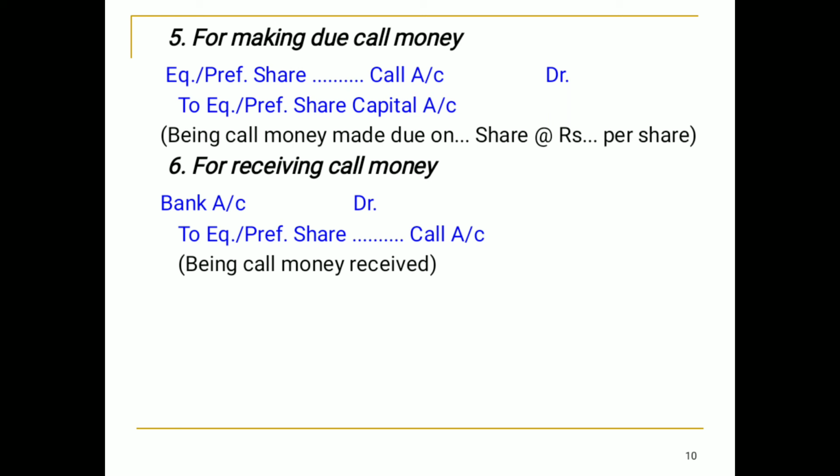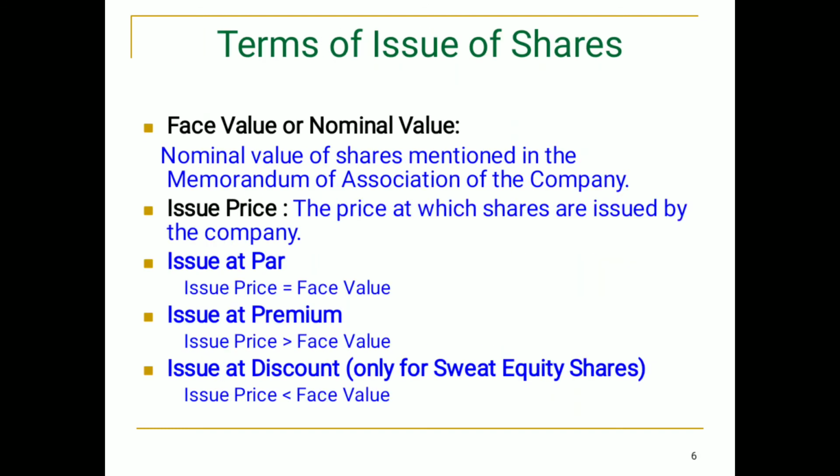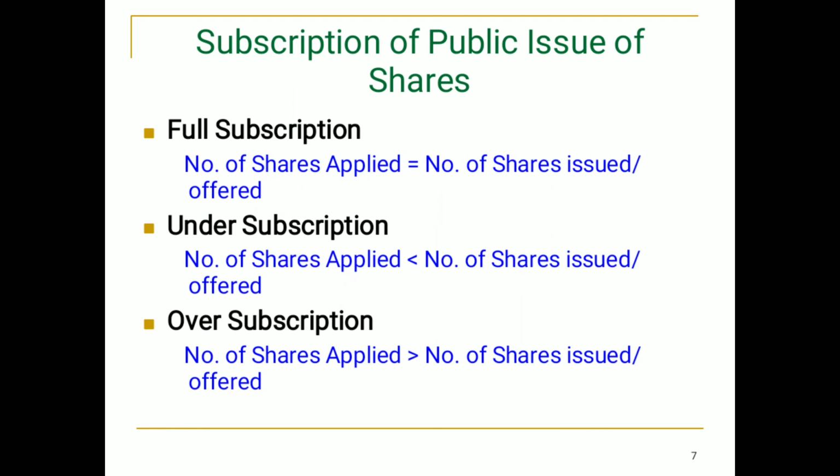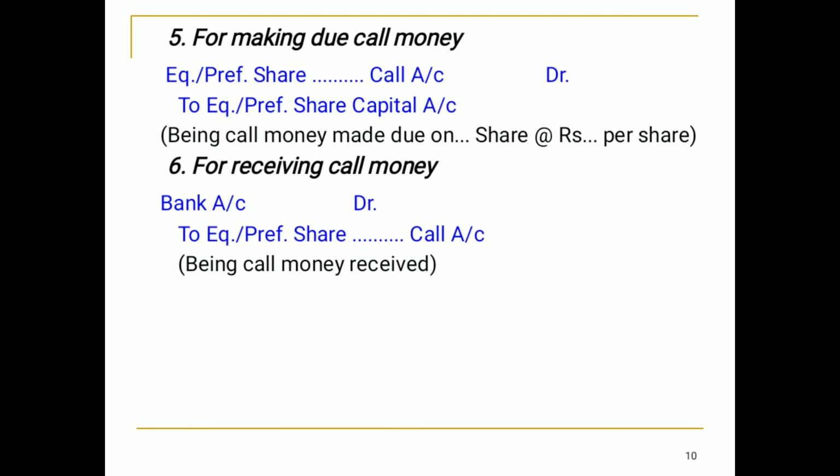So 6 journal entries you have to compulsorily write in your fair book with the heading: when shares are issued at par and full subscription. This is the heading, these are the journal entries that you will write, and also you will learn anyhow.